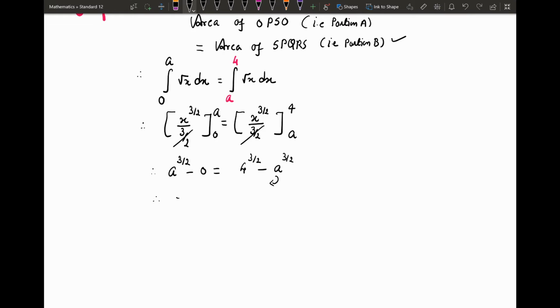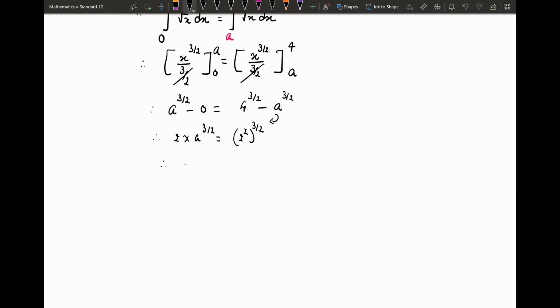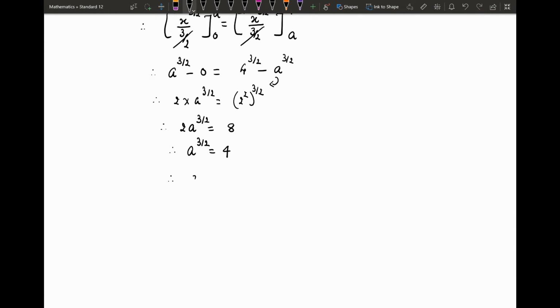Transfer this term, so 2 into a raised to 3 by 2 equals 4, that is 2 square raised to 3 by 2. Just ordinary simplification. So 2 into a raised to 3 by 2 equals 2 cube, 8. So a raised to 3 by 2 equals 8 by 2, 4. Now we have to find unknown a, and therefore a equals 4 raised to 2 by 3. This is the value of unknown a.